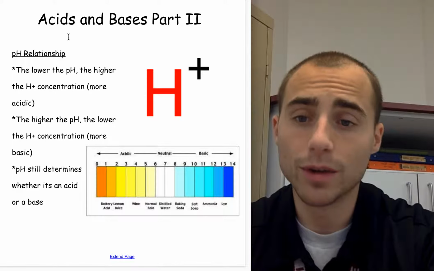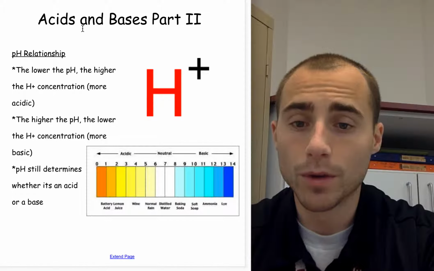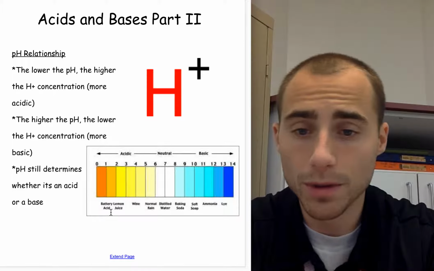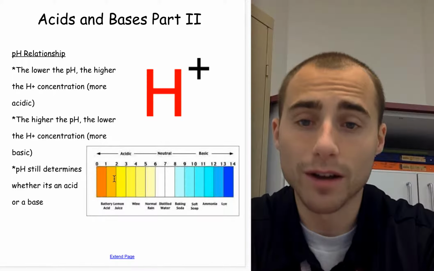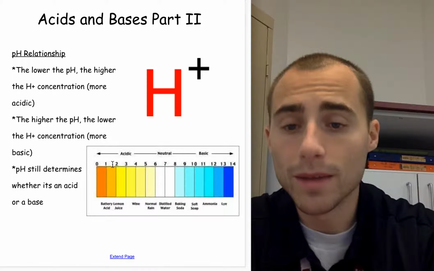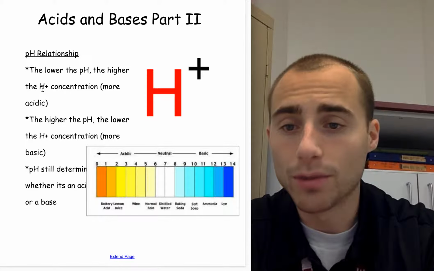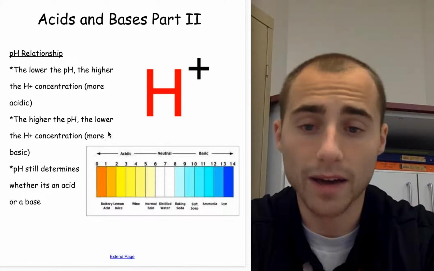Now, continuing just for a few more things. The pH relationship: the lower the pH, down here by 0 and 1, the higher the H+ concentration. All that means is the more acidic we get, the more H+ we are going to have.